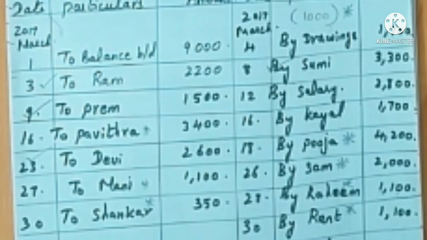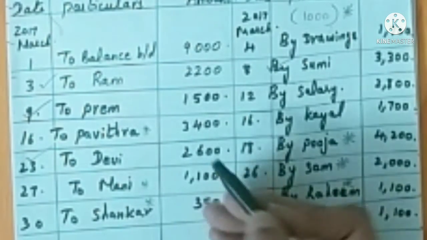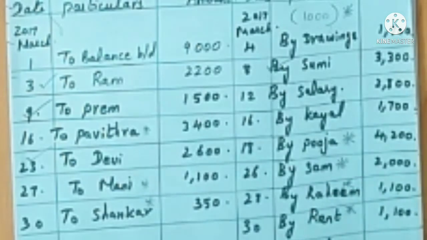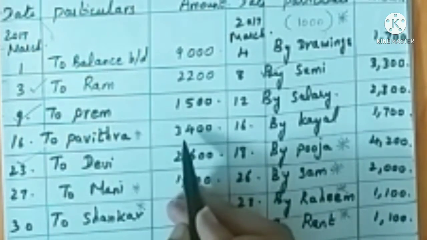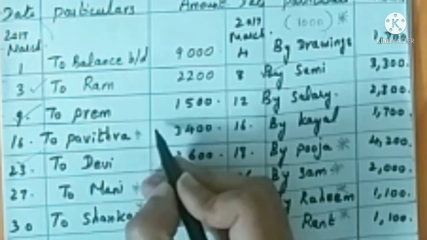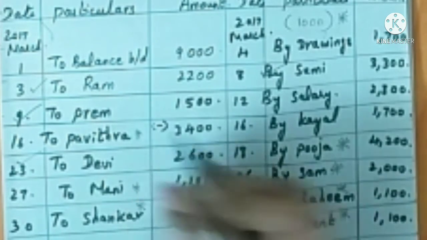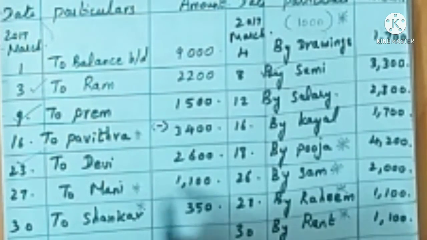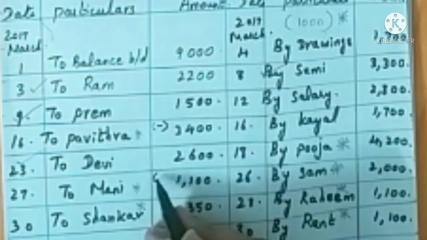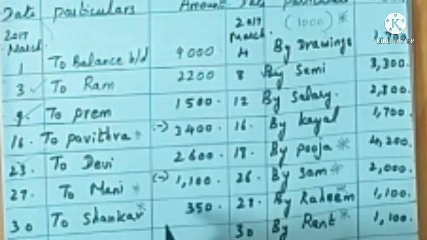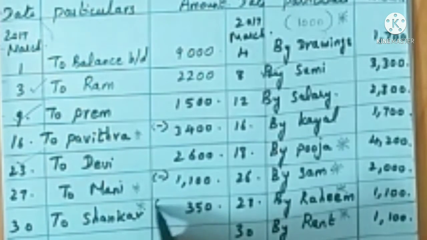So I'm going to write what all items have to be deducted and added. This amount of rupees 3400 should be deducted, and rupees 1100 should also be deducted. Rupees 350 should also be deducted.